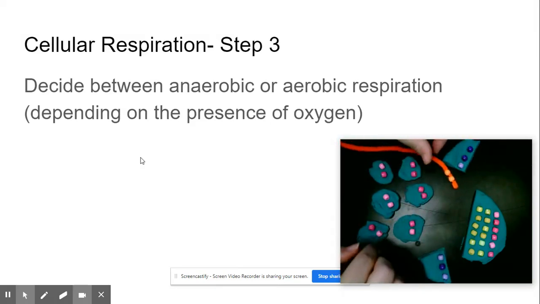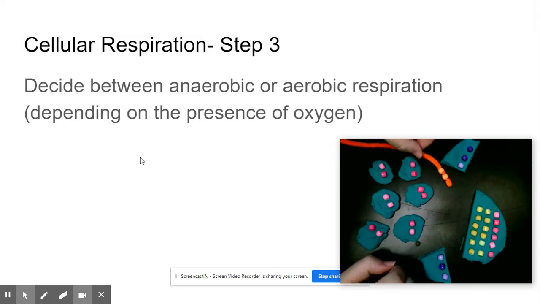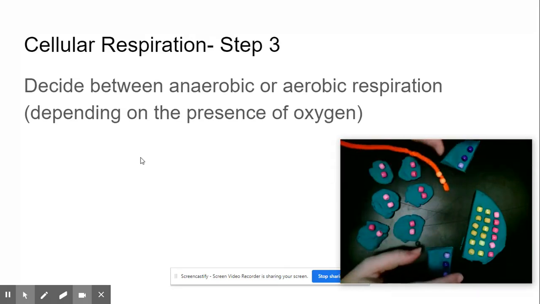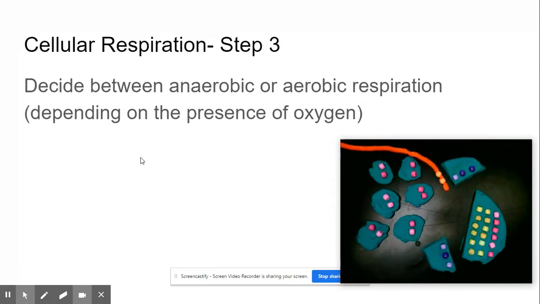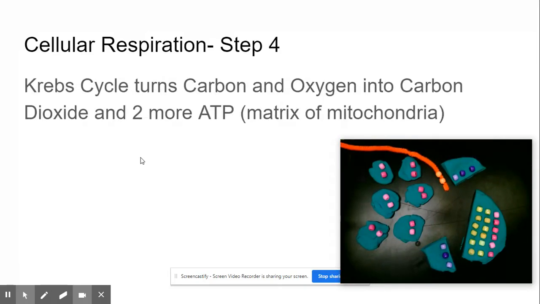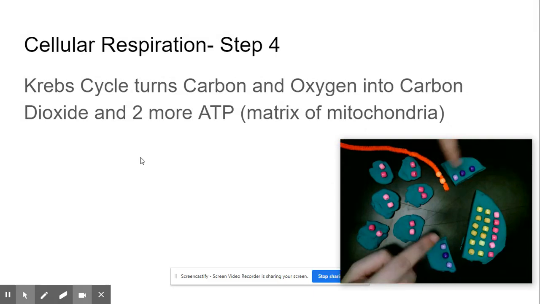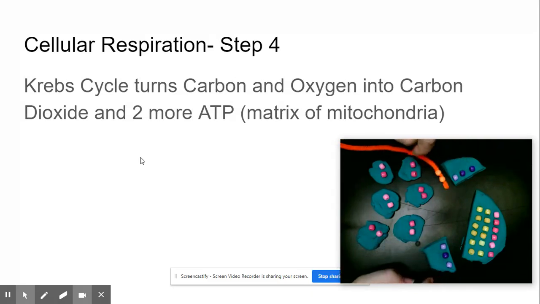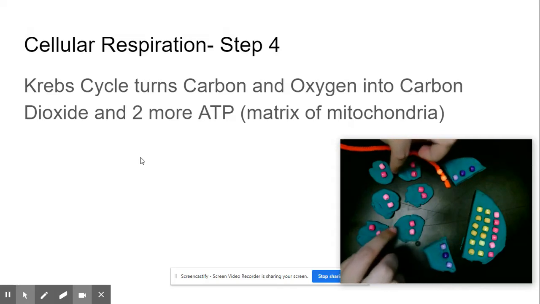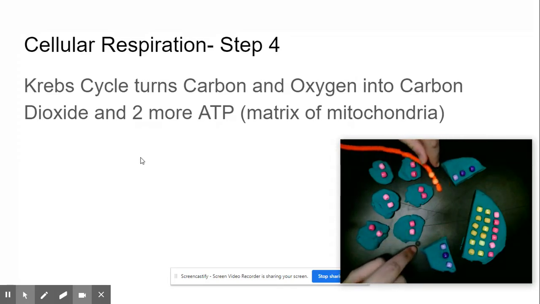But if there's oxygen present, what you're going to see is we're going to go through aerobic respiration. So in most of our cells, that's what we're going to be creating. So now we move from the cytoplasm of the cell into the matrix, or the fluid part of the mitochondria. And we're going to go through what's known as the Krebs cycle, where we take the carbons and these oxygens and create carbon dioxide.